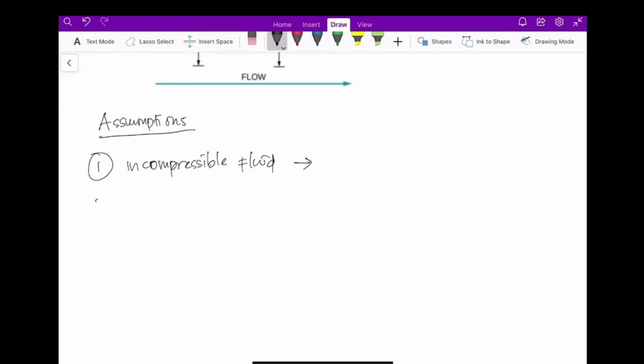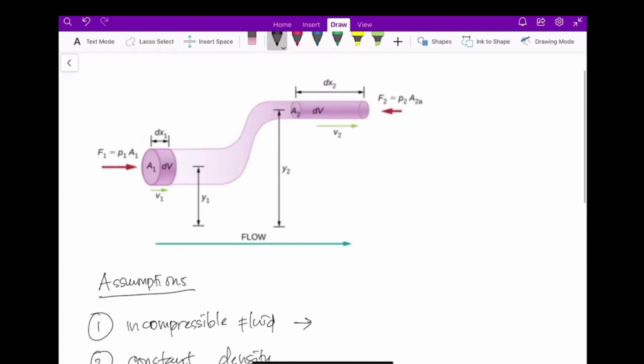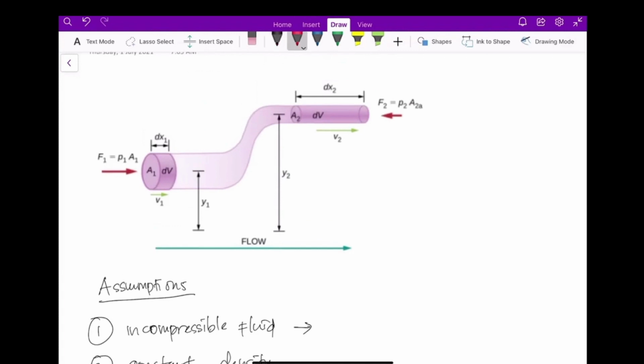This will lead us to the second assumption, because incompressible fluid means that the density of the fluid is constant. At any position in this system, let's say the fluid is here, and you compare the density of the fluid here.